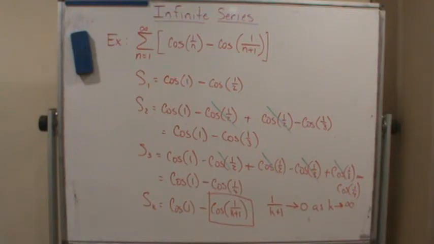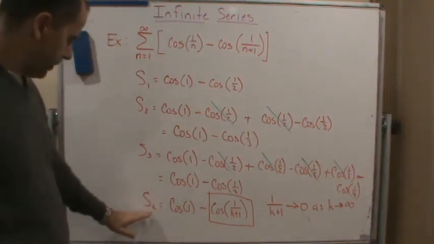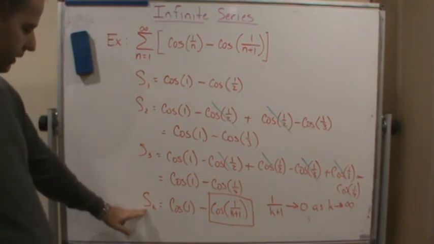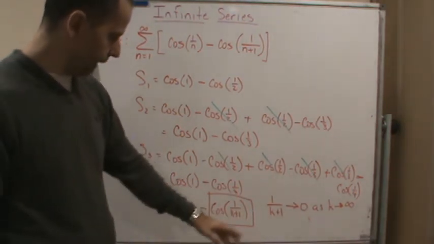So that means that the sequence of S sub k, the sequence of partial sums, converges to the cosine of 1 minus 1.